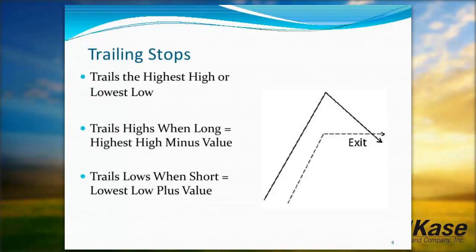So it's trailing the move up. Generally the stop is calculated from the high in a move up. You're going to take the high minus some value. That value might be fixed, that value might be variable, but basically that's your risk amount.